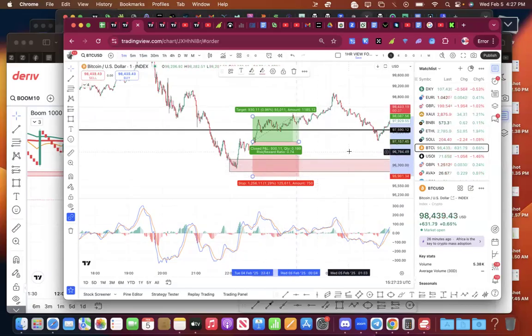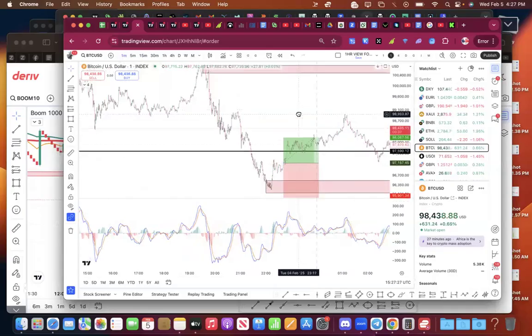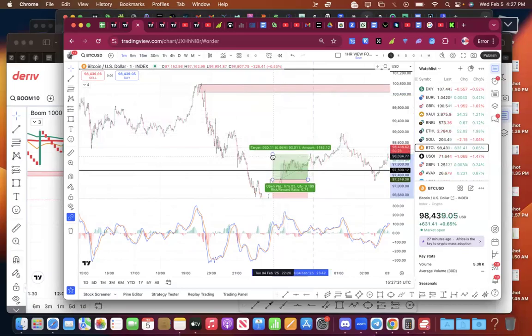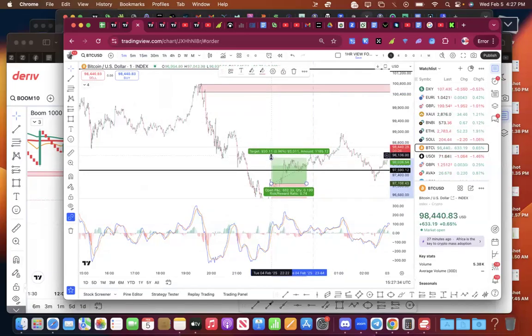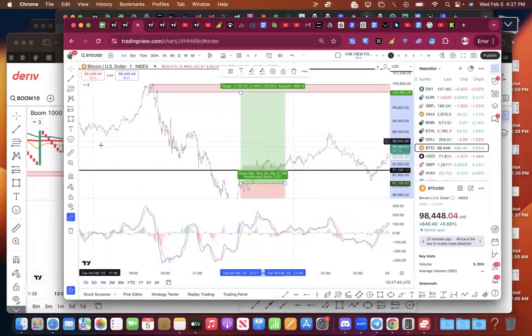So now you can have multiple entries, right? Multiple entries. So this is your goal, 2 point something, but you are going to look at taking profit in sequential order. You can take profit here. Let's look at it.